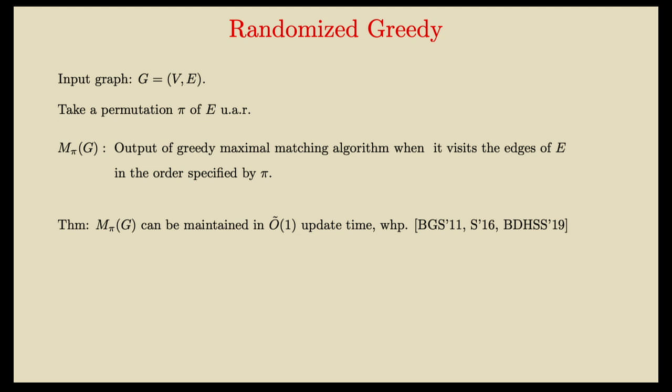So, although the vanilla maximal matching algorithm which we described has order n update time, this is exponentially faster. Since I am running a bit behind on time, I will just keep the intuition, but this is a good fact to know. So, the corollary is we will get approximate dynamic matching in constant update time with high probability.